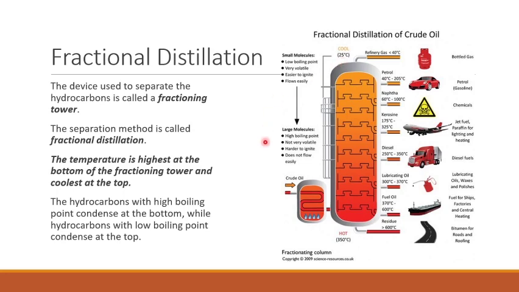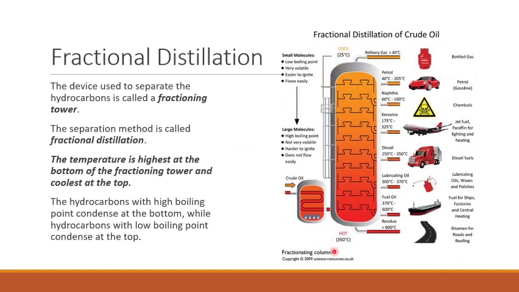This process, separating the petroleum into different fractions, is called fractional distillation. This device used to separate petroleum is called a fractioning tower, and the fractioning tower is present at a refinery. So the temperature is highest at the bottom of the fractioning tower and coolest at the top.